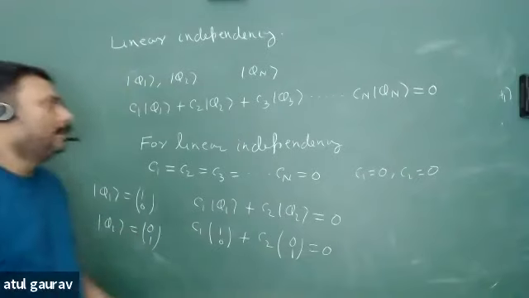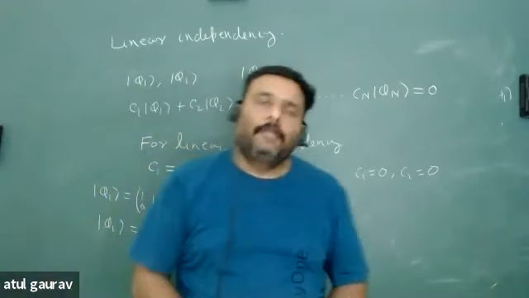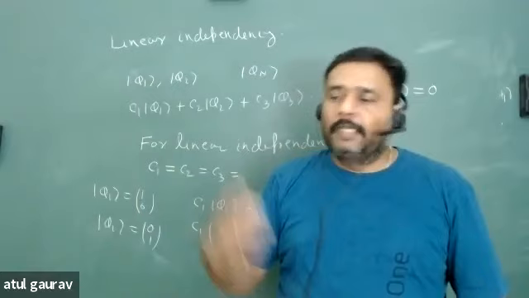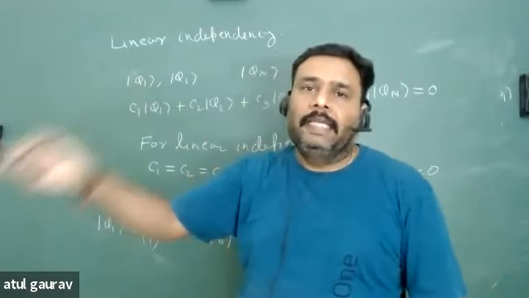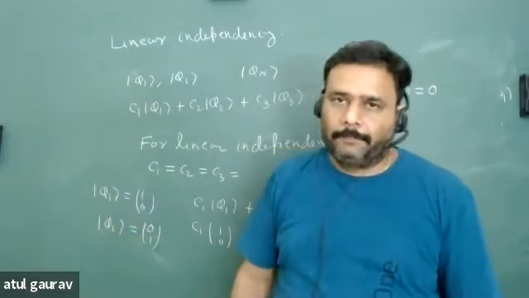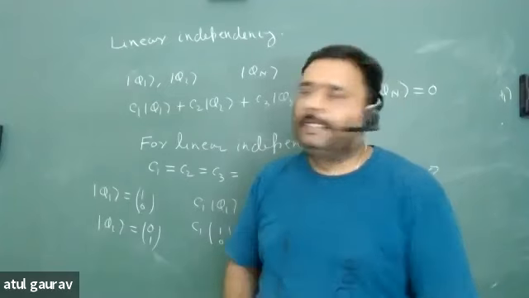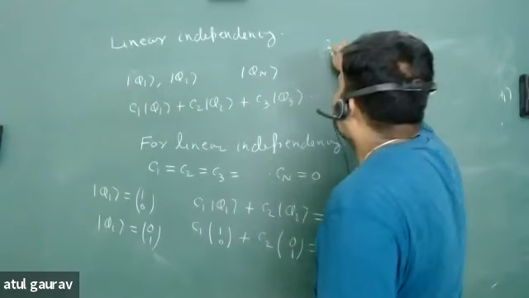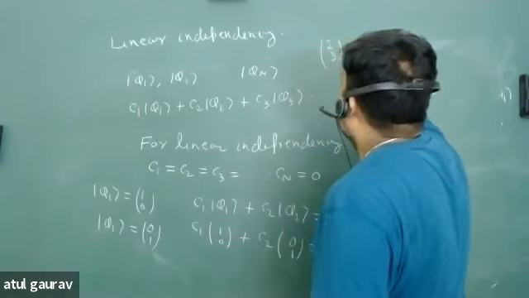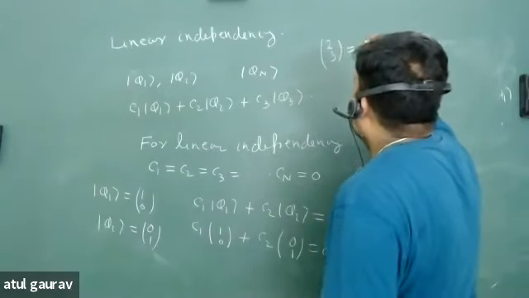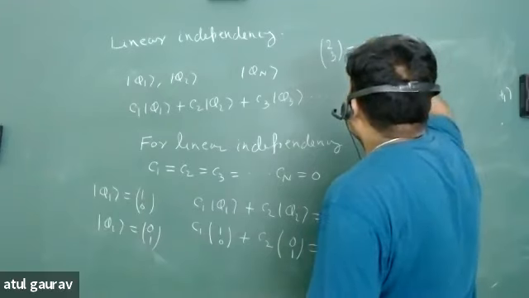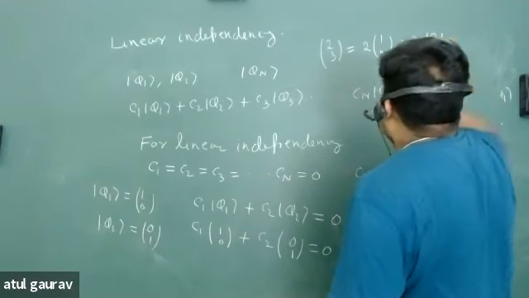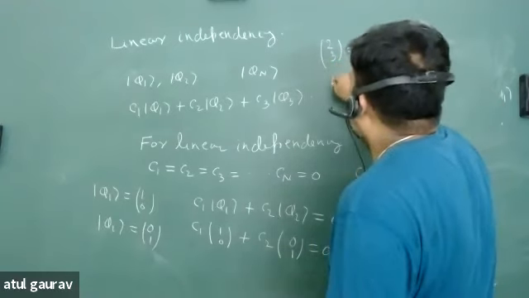Why are we using linear independence? Because once you get the linearly independent vectors, you can write any vector in that space in the basis of the linearly independent vectors. Very simple thing, don't worry. You can write the vector (2, 3) as 2 times (1, 0) plus 3 times (0, 1).